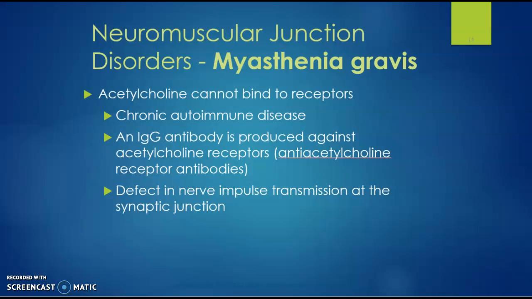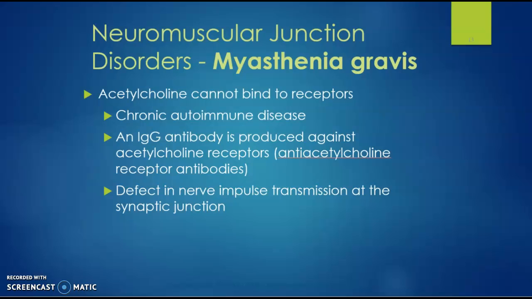So this just kind of explains it a little further. With myasthenia gravis, acetylcholine cannot bind to the receptors, and because of that, you cannot get the transmission of the nerve impulse well. Patients will have a chronic autoimmune disease with this that does not go away.